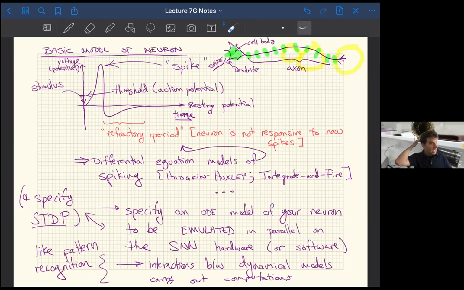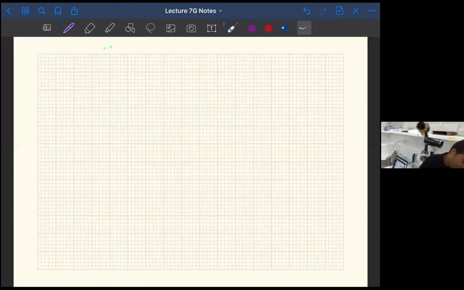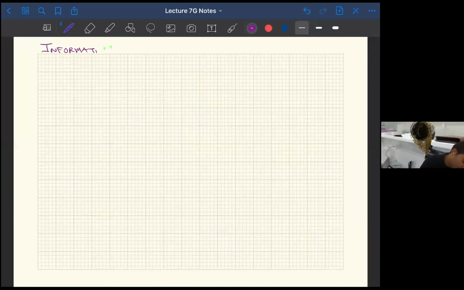And so you can ask, how do I get information into this? I have already mentioned this: information is coded in spike trains.